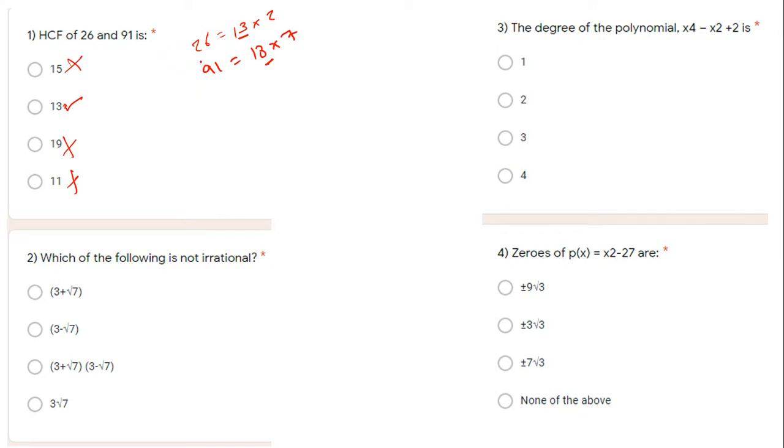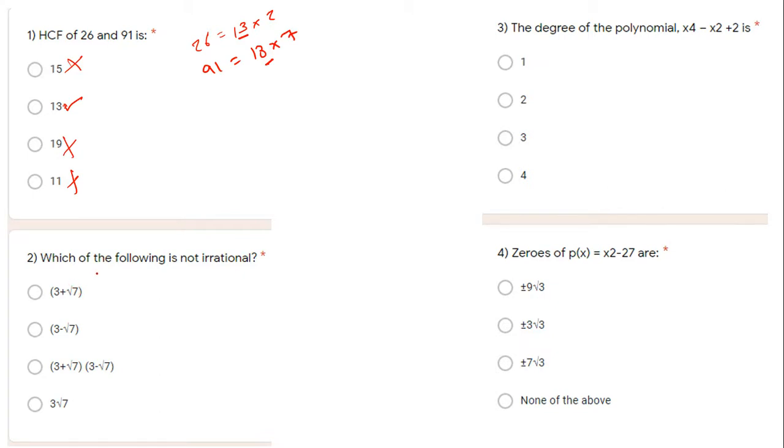Now second: which of the following is not irrational? Third one. Why? Because if you expand this, you will see root 7 is there.